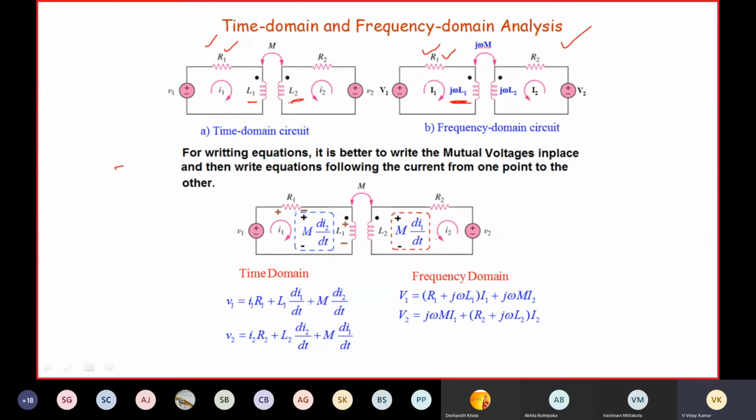Here it is L2, so here j omega L2 in frequency domain. If here it is M, we are going to have j omega M. R2 here is also R2 only. V2 here is again V2 only.